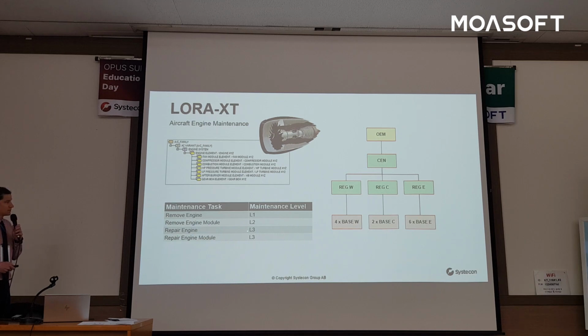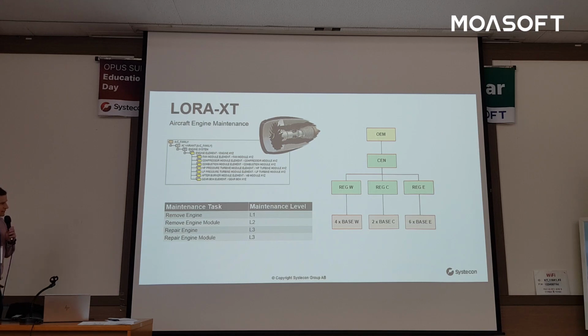The third one is to repair the actual engine or repair the modules of the engine. So that's 3 different levels, meaning 3 different complexity levels of the tasks we need to perform. Typically, those are the easier one to perform, medium complex, and then the most complex tasks.